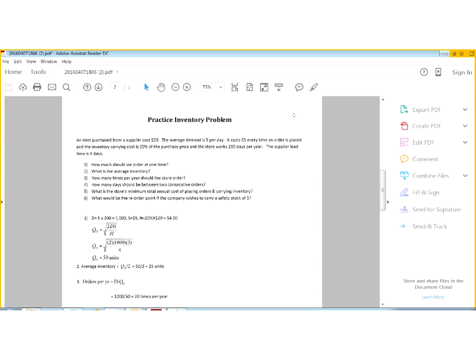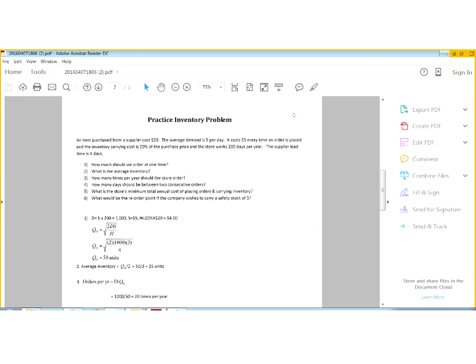If we have a daily demand of 5 per day, and we work 200 days in the year, then the annual demand will be the product of those two numbers, or 1,000. S represents the ordering cost. Ordering cost is going to be stated. Usually there's no tricks or anything like that. It's just a flat $5.